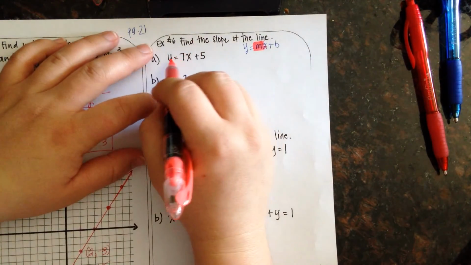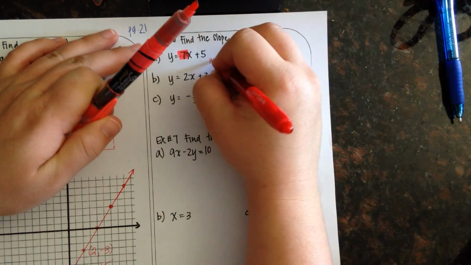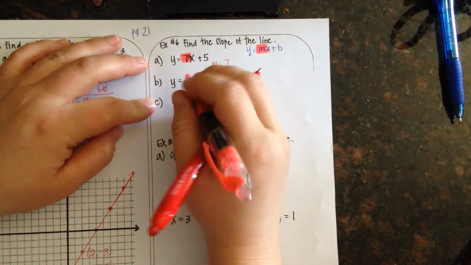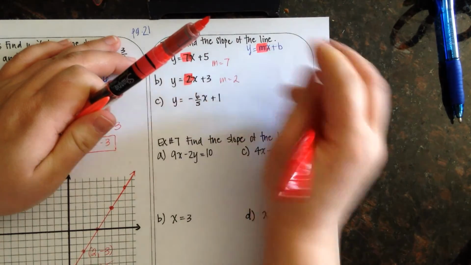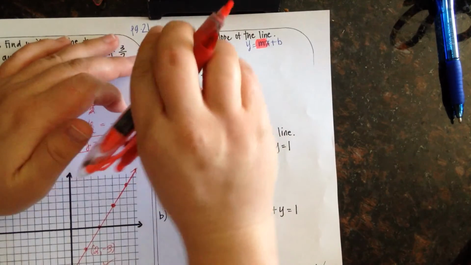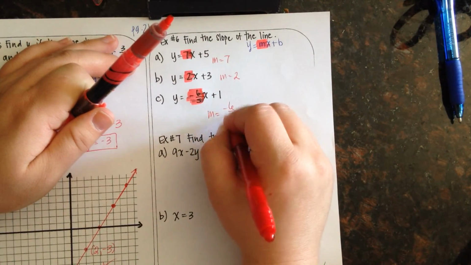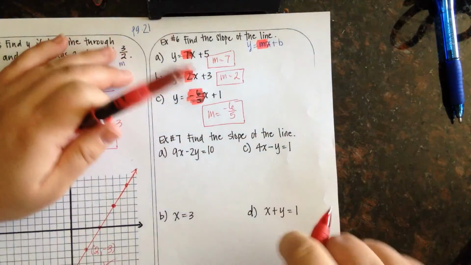So on a, my slope is 7. On b, my slope is 2. And on c, my slope is going to be negative 6 over 5. Those are super easy if the equation is in slope-intercept form.